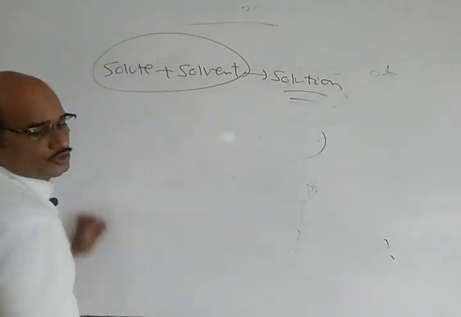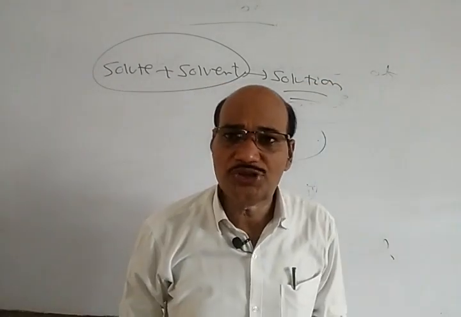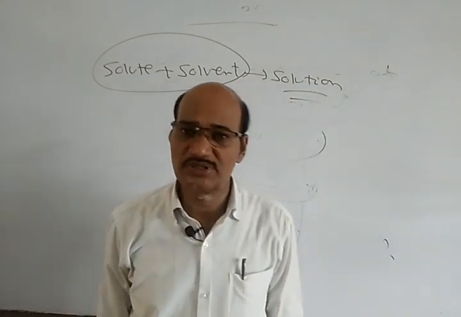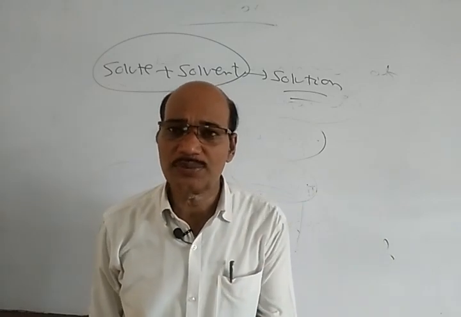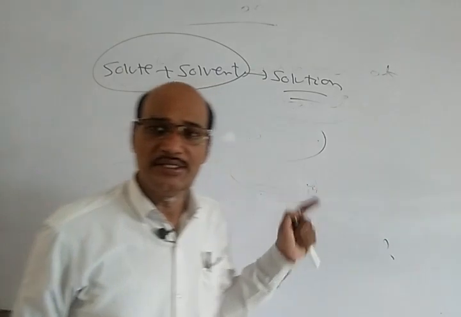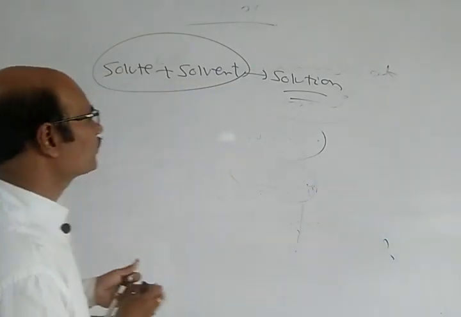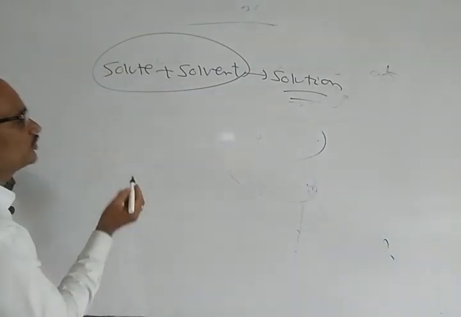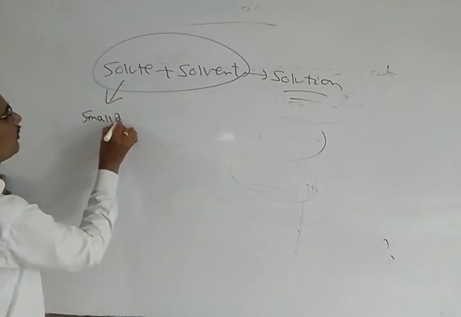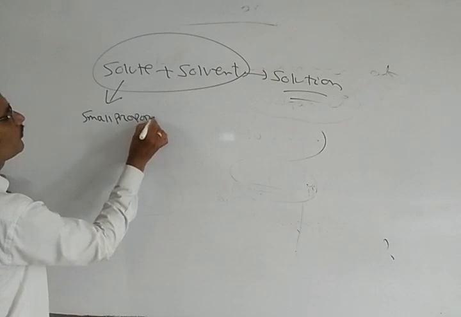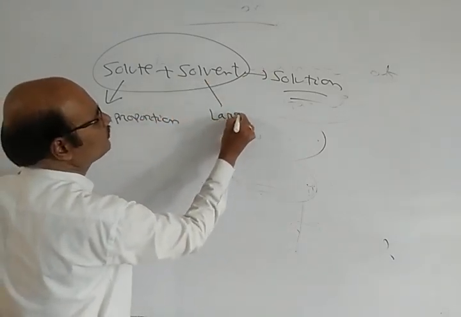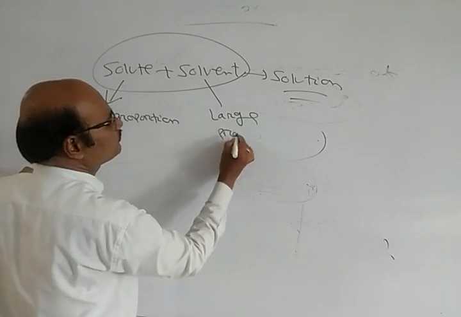So a solution is a homogeneous mixture of two or more substances. If only two substances are there, that is called a binary solution. And in the binary solution, the component in small proportion is called solute, and the solvent is in large proportion.